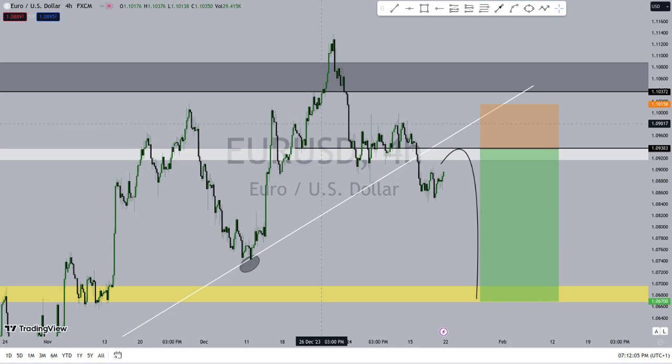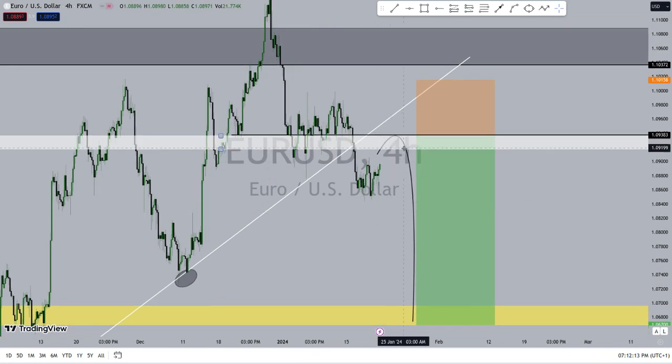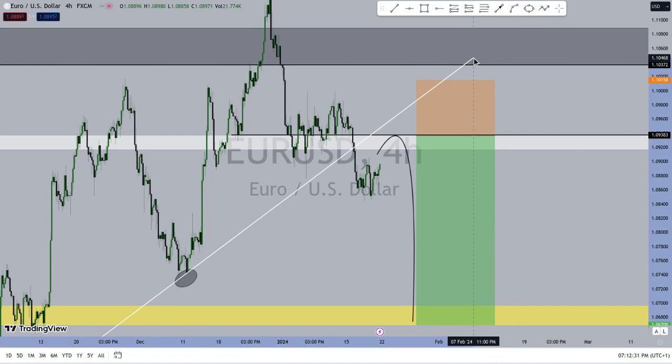Hello guys. So the last but not the least here, we have Euro USD. You can see in my previous video I said I was anticipating Euro USD to come and break below this counter trend line, and then come to retest it around this region or so.